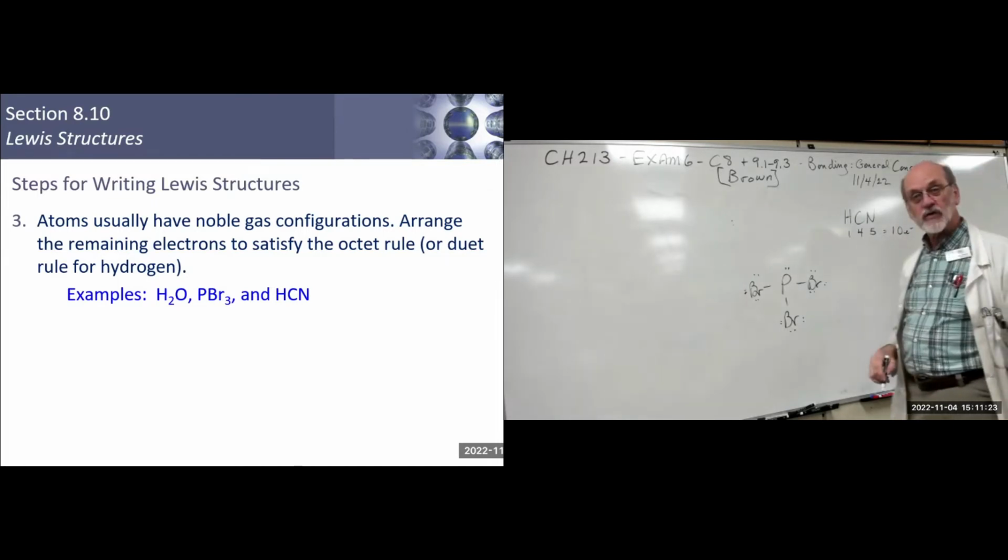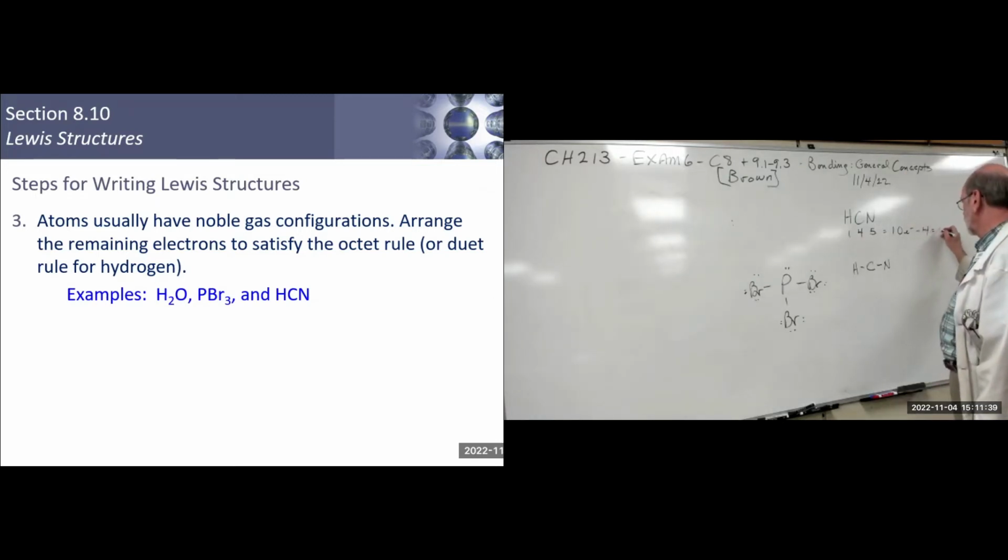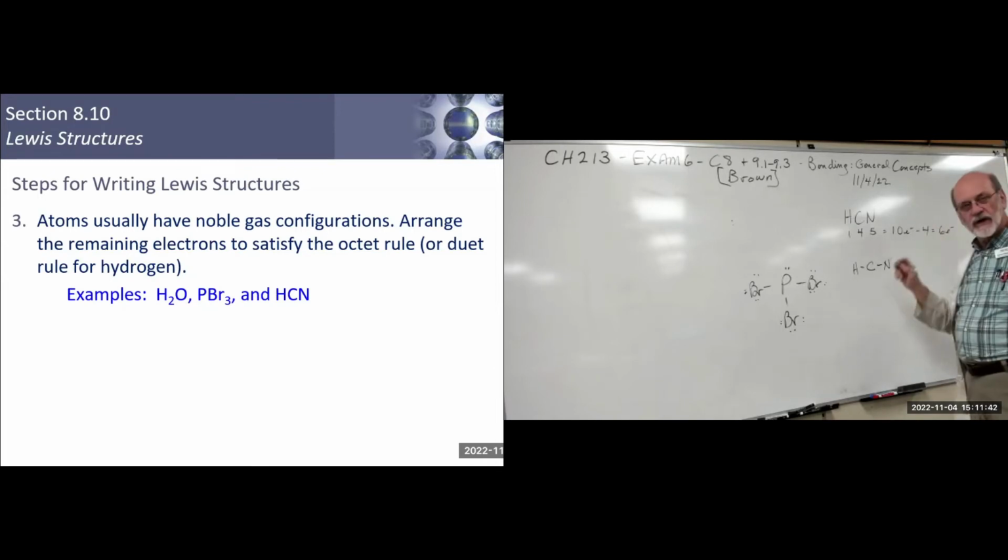All right, which one goes in the middle? With nitrogen, we make a bond with hydrogen. All right, so that's 4. 6 electrons left. Where do they go?